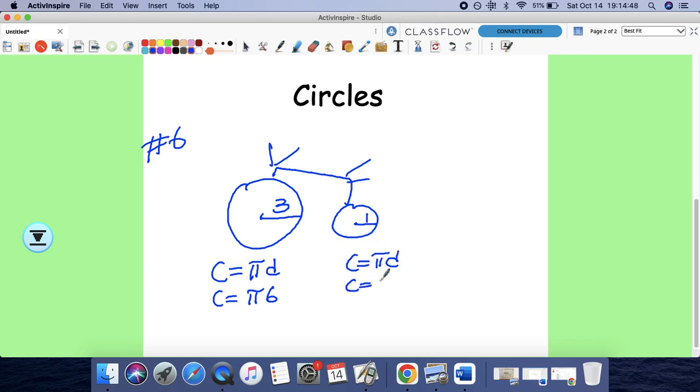So again, radius is 1, the diameter will be 2. So every time the front wheel travels 1 revolution, it travels 6 pi, right? And in order for the back wheel to travel that same distance, it's going to have to do how many revolutions? 3 revolutions.